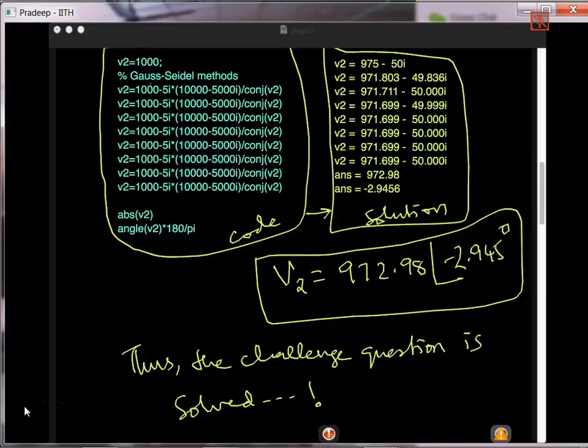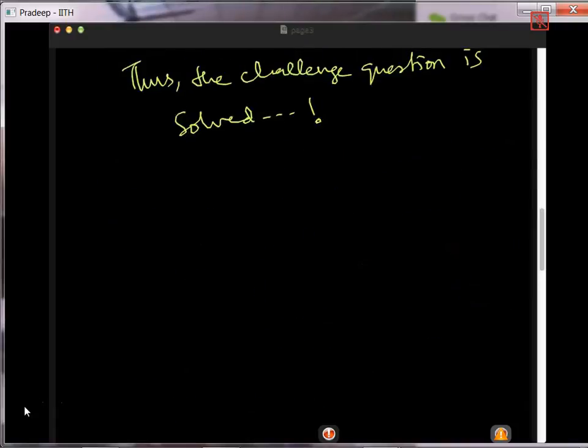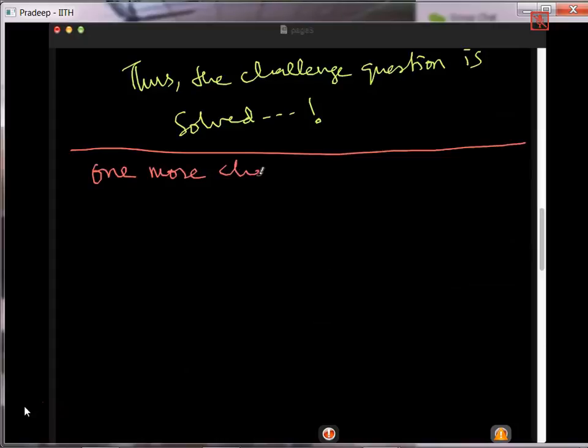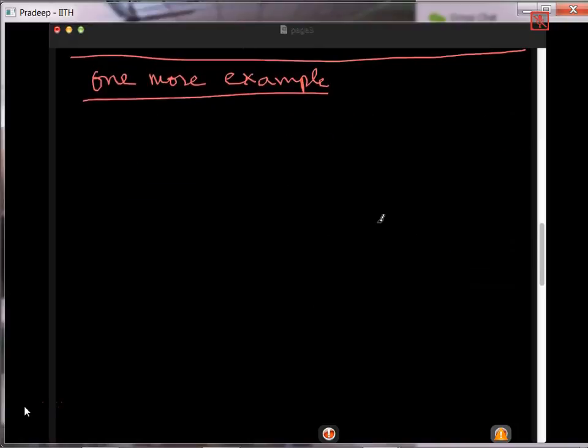So let's look at one more example so that it will become clearer for you. Let's call it one more challenge problem, or just one more example. This time I'll take one generator and two transmission lines.